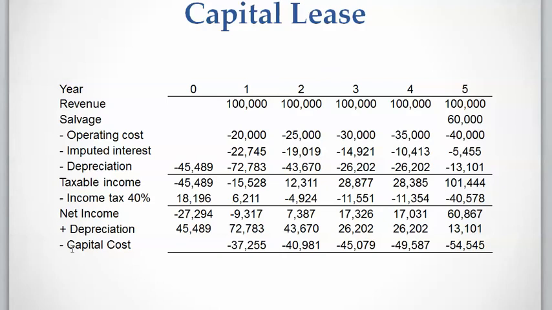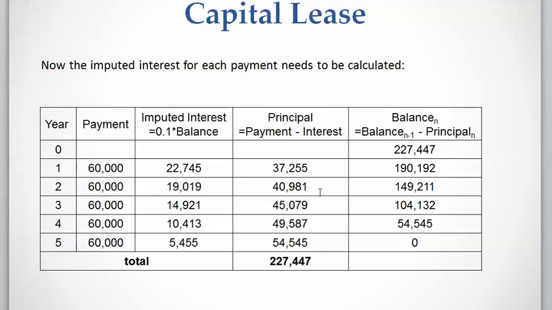Please note that the capital cost is the principal portion of the lease payments. So going back to the table, this column is the principal portion of the $60,000. We have to enter these as the capital cost for each year if we have a capital lease.